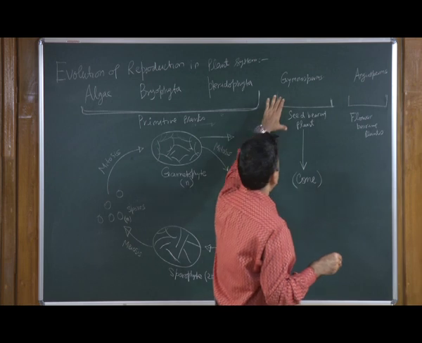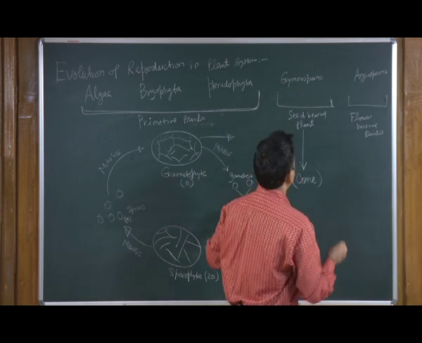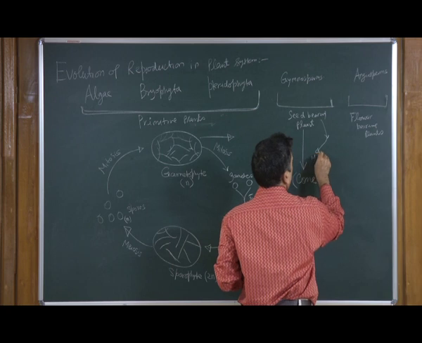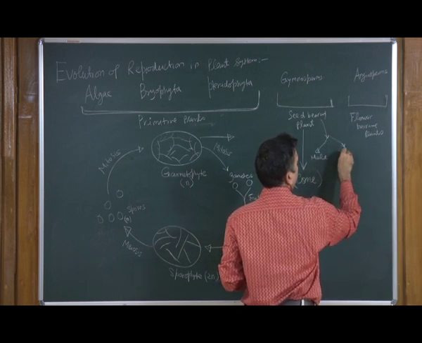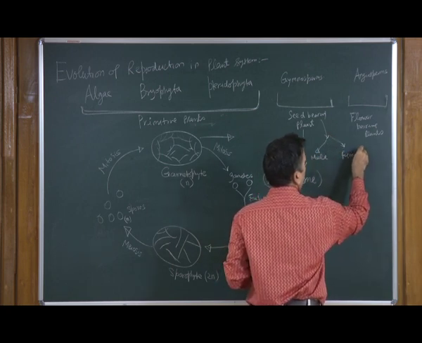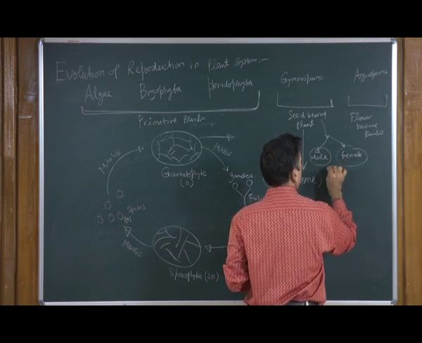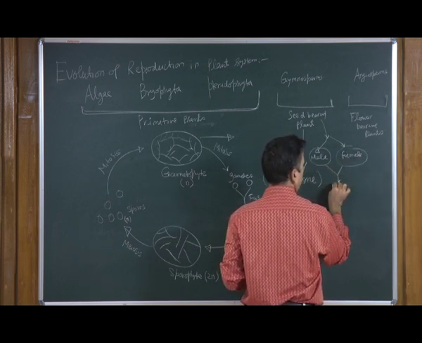In this case, the gymnosperm forms the male gametes as well as the female gametes, and now the male and female gametes fuse, forming the zygote.